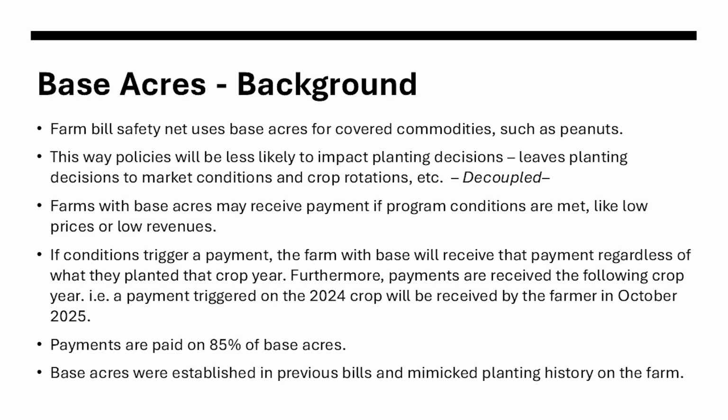So the ag policy does not influence what is planted, and that keeps us in compliance with trade with other countries and things like that. So we call that decoupled.